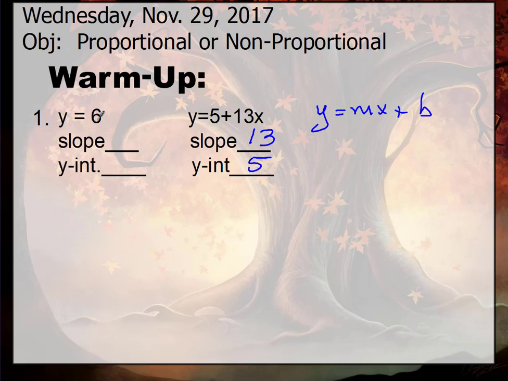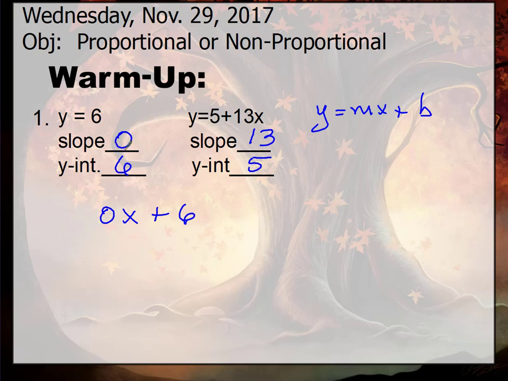So believe it or not, the 6 is the y-intercept. And the slope is actually going to be 0, because there's not a number with a letter. If I were to have 0x and I put that into the equation as 0x plus 6, it's not going to matter what number I plug into x, I'm still going to get a 6 for an answer. So this one gives me a slope of 0.